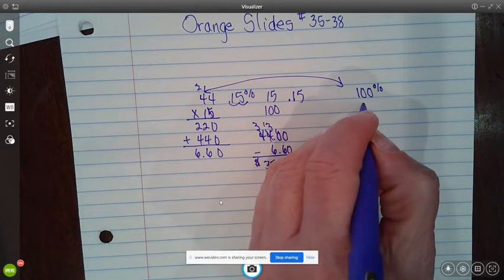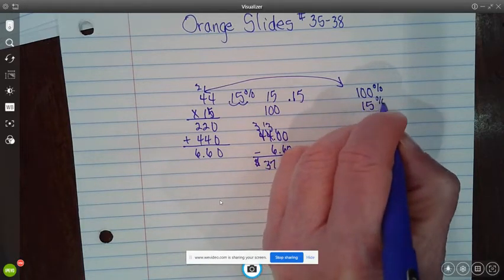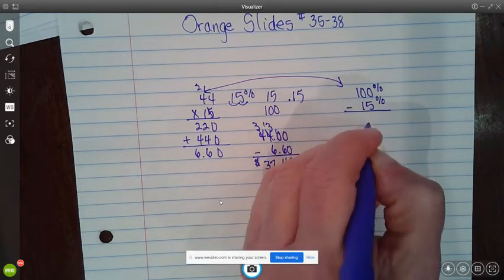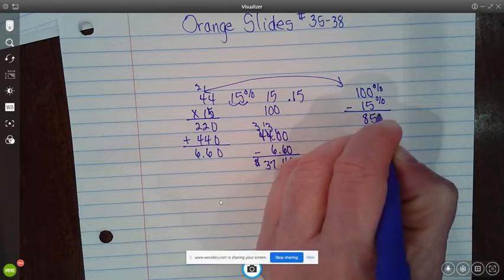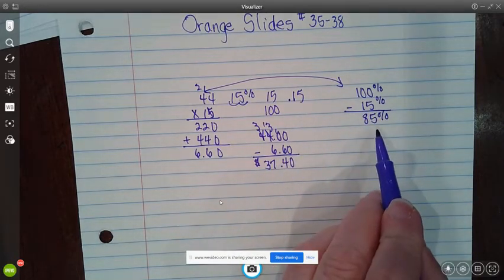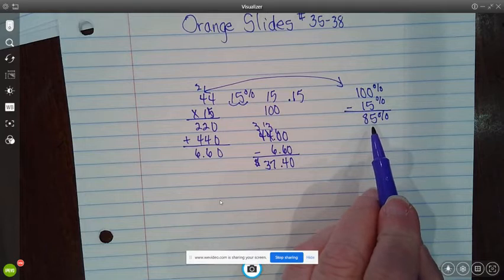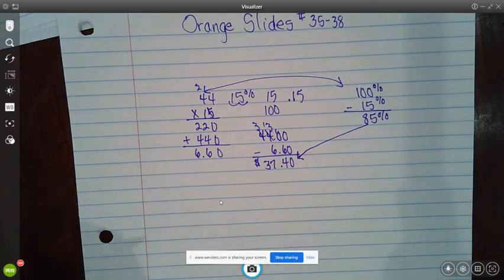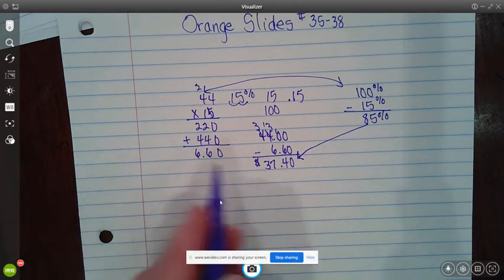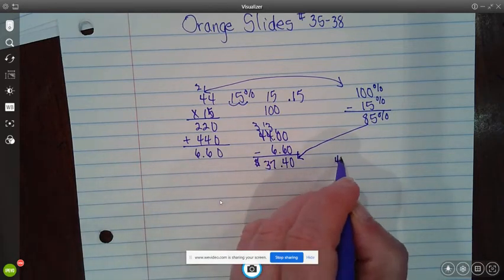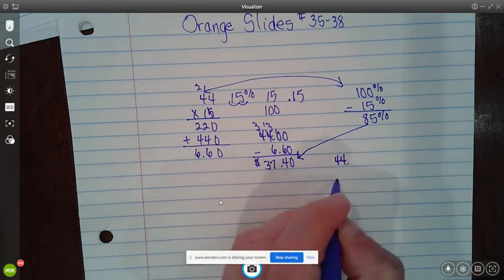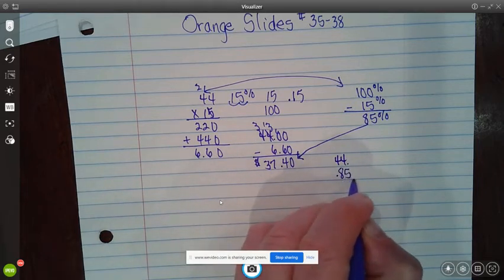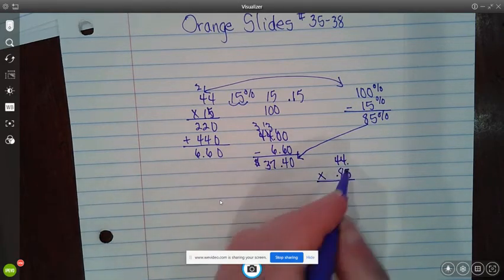If I get 15% off and I do the math, what percent am I actually paying for the item? I'm paying 85% of that 100, that $44. This represents this cost. And so I can do it this way, or I can actually take the $44 and multiply it times the 0.85 and only really have one step to do.